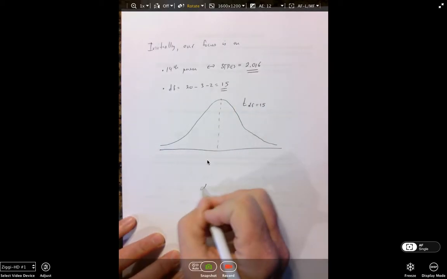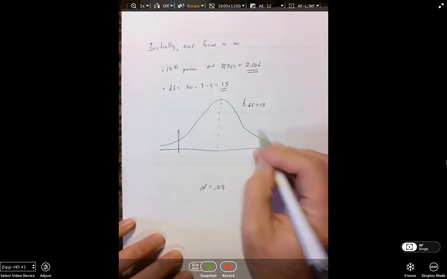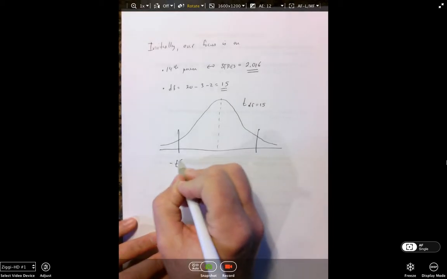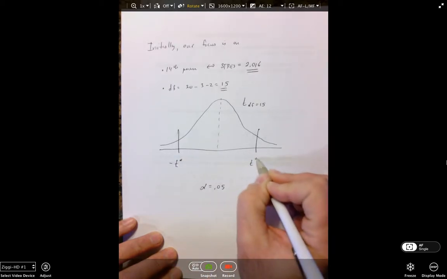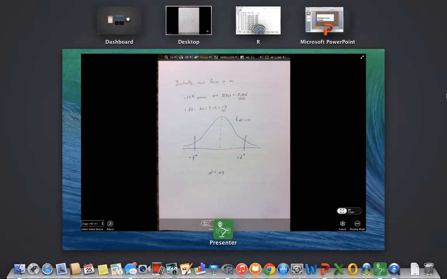And if alpha is equal to 0.05, then if we're conducting a two-tailed test, we would need to come up with our t critical values for this.